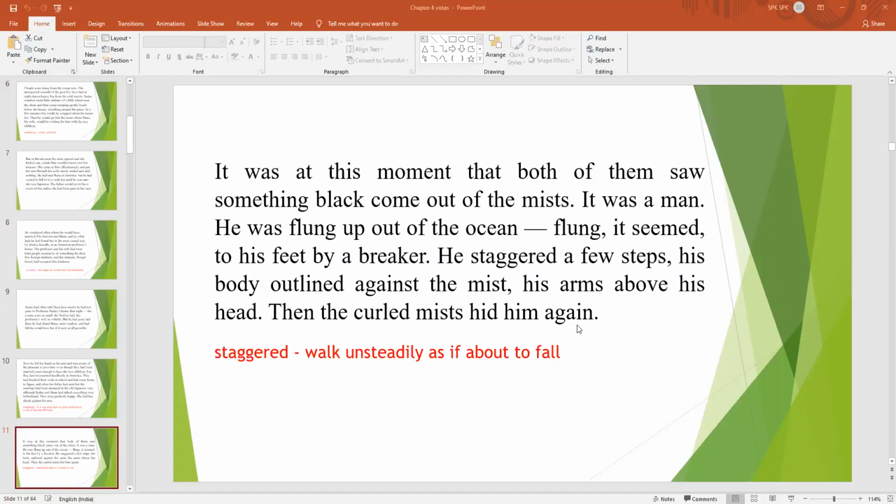And then what happened? The man walked a few steps, and then he disappeared again in the mist. It means fog covered him again. We can see just an outline of the man, and then again he was in the mist somewhere.